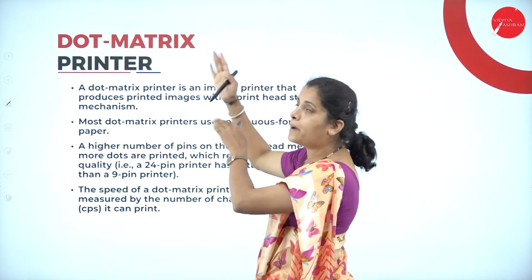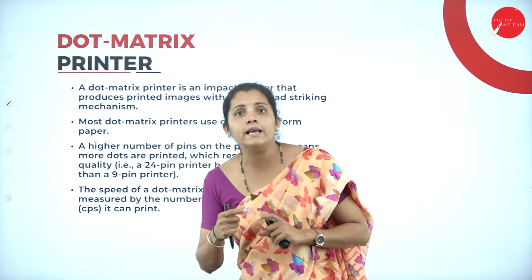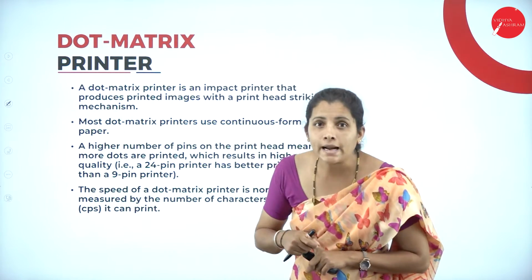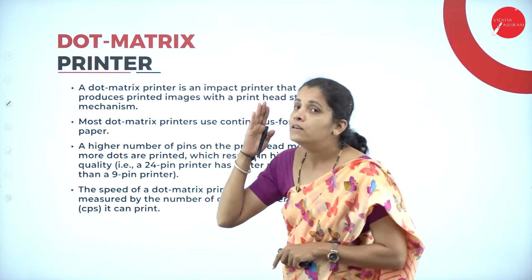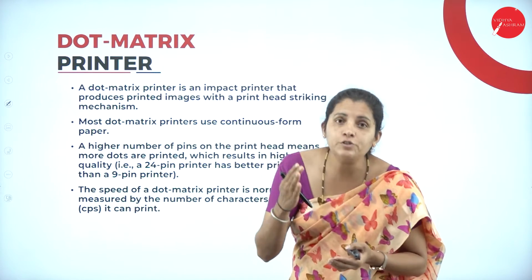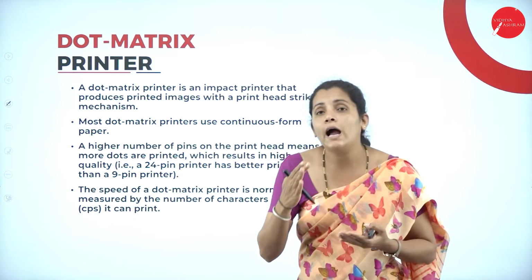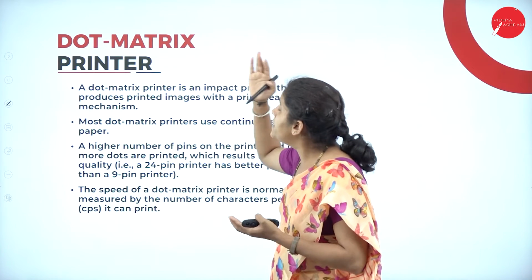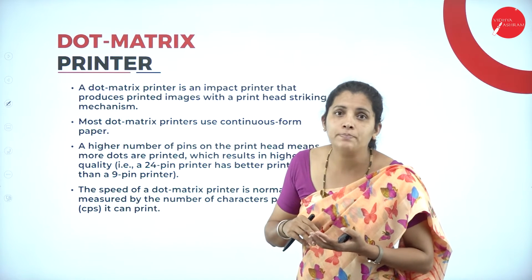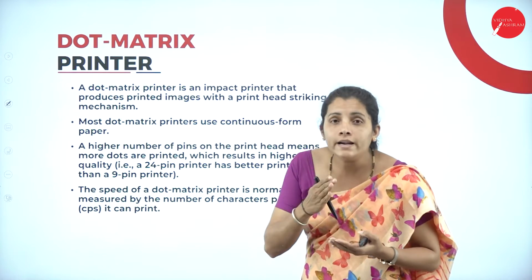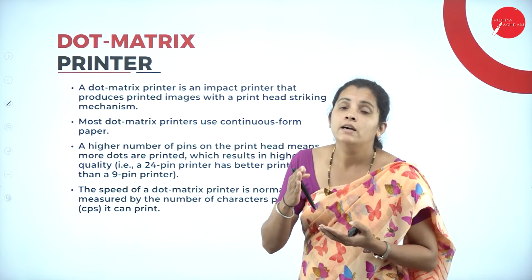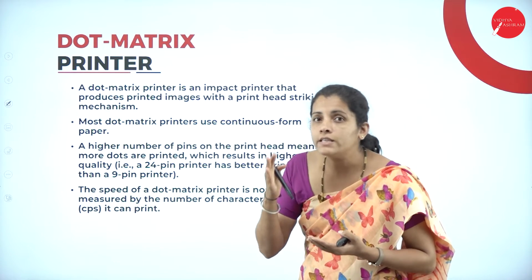So here the dot matrix printer is the best example of an impact printer. So there is a connection or interaction between ribbon and paper. Then the speed of a dot matrix printer is 100 to 600 characters per second.